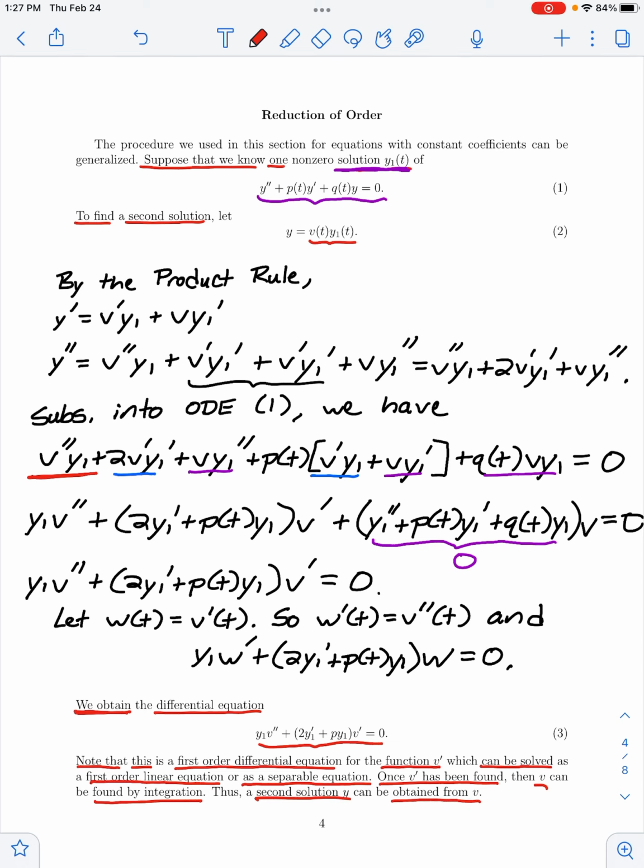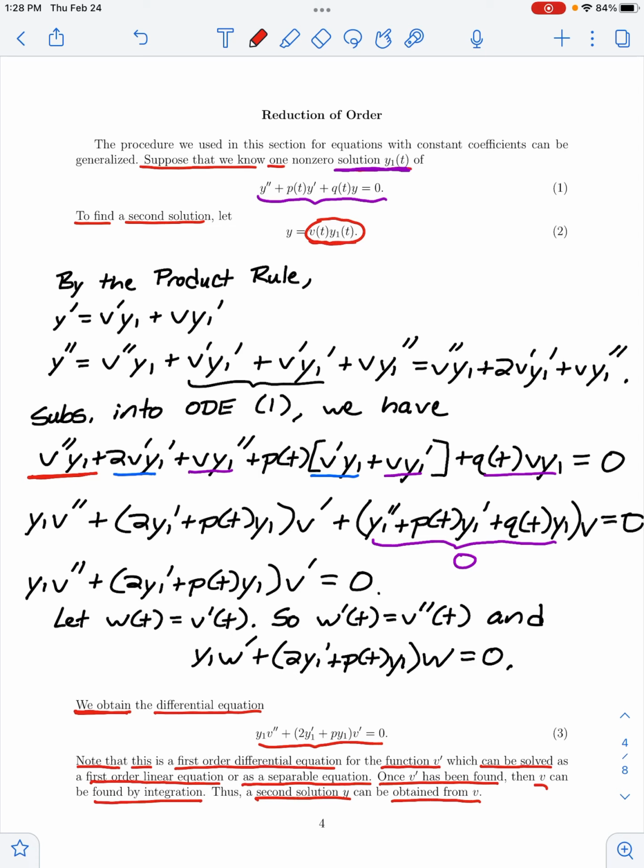Our second solution would be whatever v function we found times our first solution, y1. So this method is called reduction of order because we reduced a second-order linear homogeneous equation into a first-order equation, which we know how to solve. Hence, reduction of order.